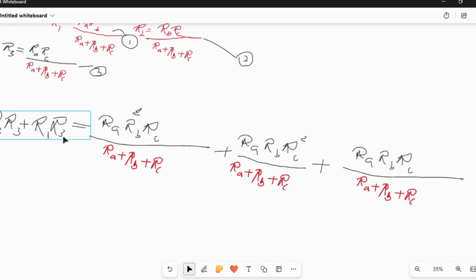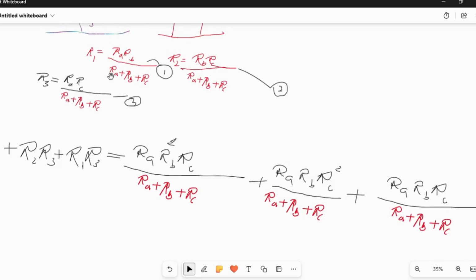R1 into R3 means RA into RB into RA into RC, RA squared into RB RC. So I will write RA squared here.